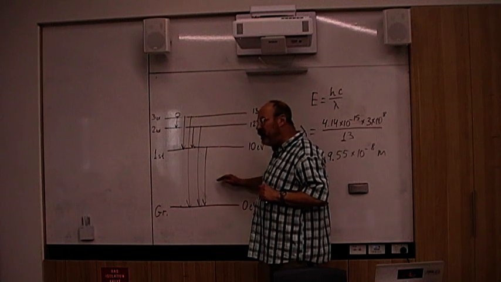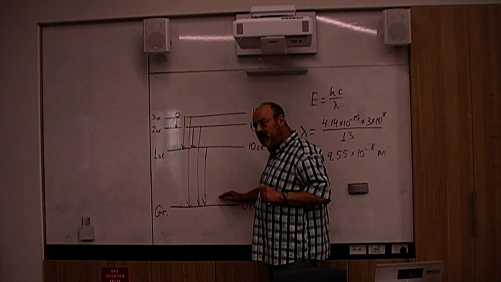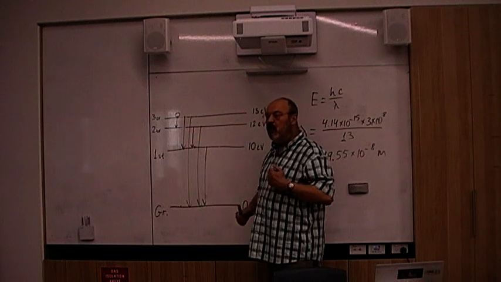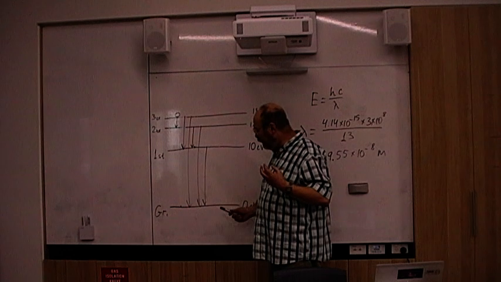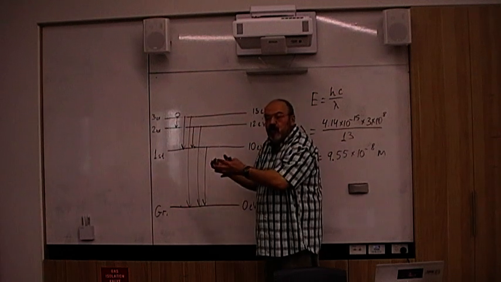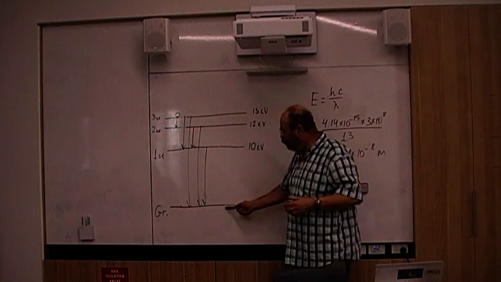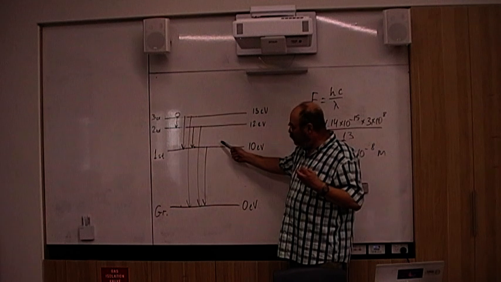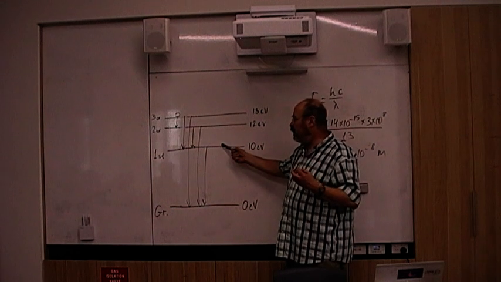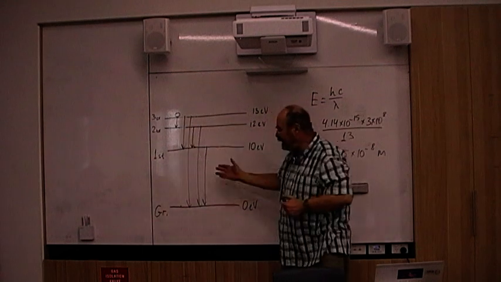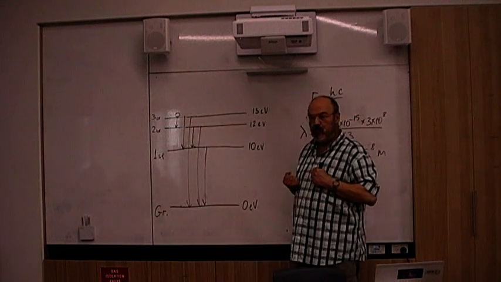Anywhere in between is prohibited; the electron cannot be there. So the electron can absorb some energy, either from a photon or another way, and go up. Or after it's excited, it can drop down, and then it will emit a photon with exactly the same energy as it absorbed to go up.